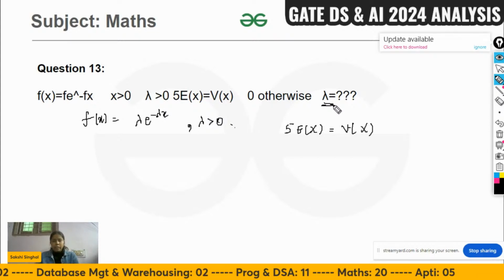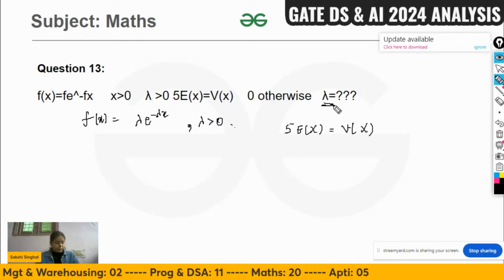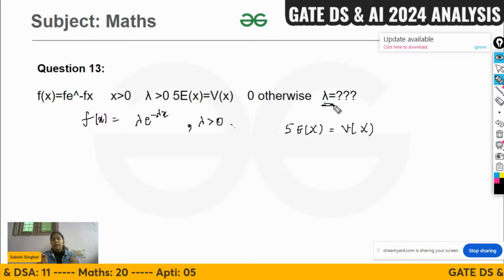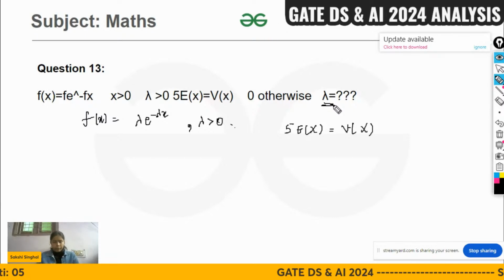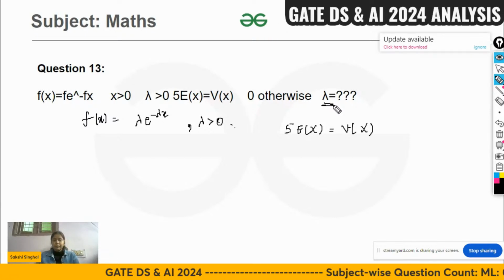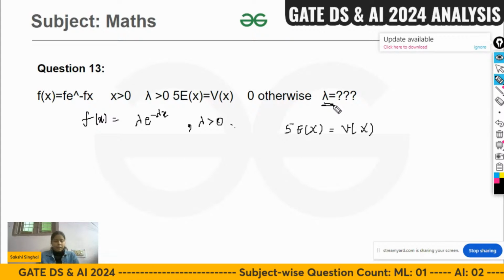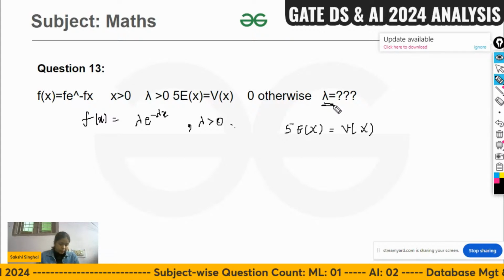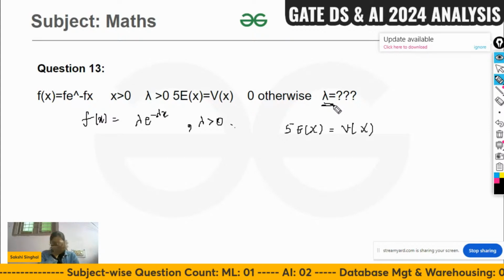So can anybody tell me what answer you got, guys? Anyone? This is a numerical based question, and they ask you to find the value of lambda up to 1 decimal place. Anyone, guys? 1 by lambda. Okay, right.